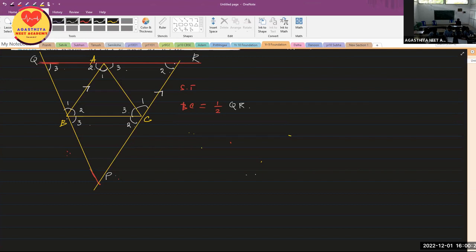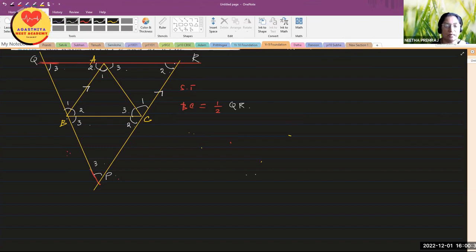And here 2 and 3, this must be 1. So all the 3 triangles are similar. Okay, I'll take any 2 triangles. We need what? BC and QR, isn't it?